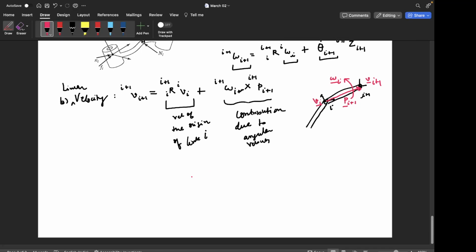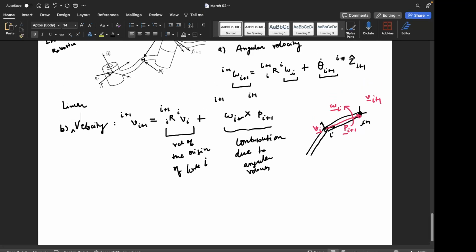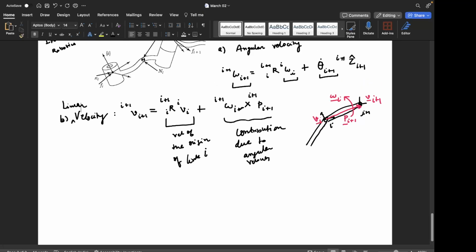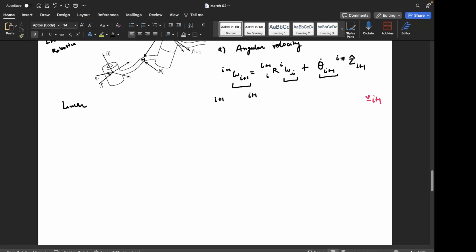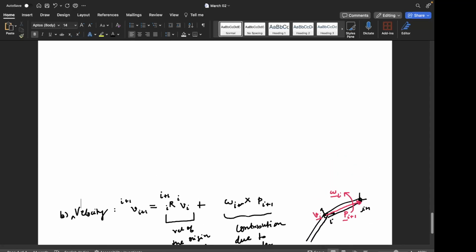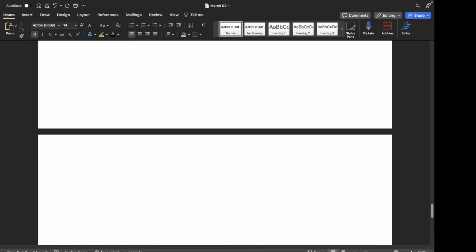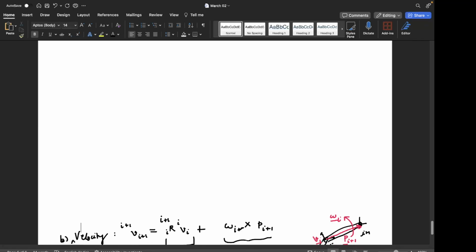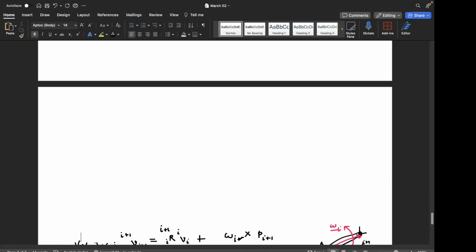Sir, on this topic, angular velocity, for a 3R planar manipulator, the concept says that a 3R manipulator has three joints, right? Joint one, joint two, joint three. Theta one dot has some angular velocity, and theta two and theta three do not have any angular velocity at the initial stage.